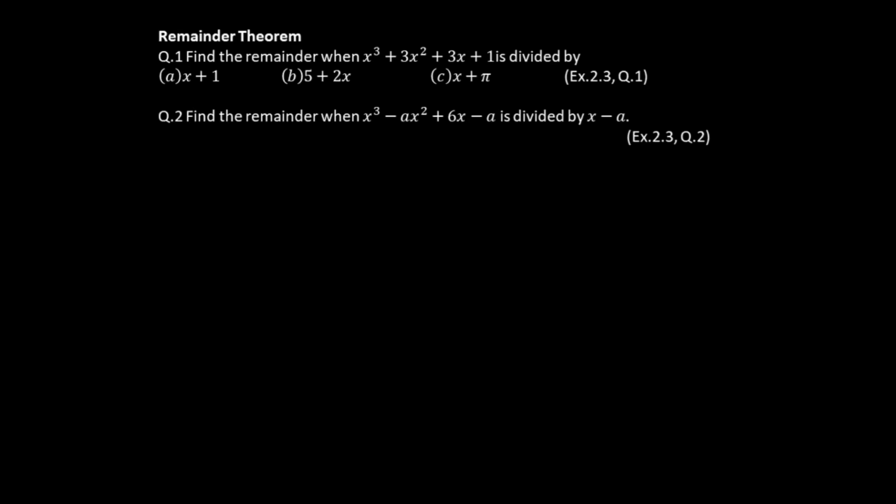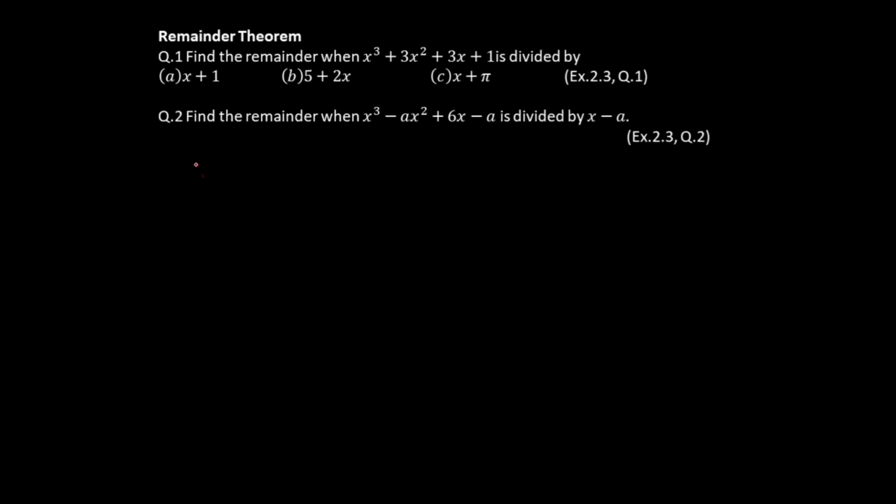The very first questions are based on the remainder theorem. I think most of you know what the remainder theorem is. Give me a quick recap. What is the remainder theorem?